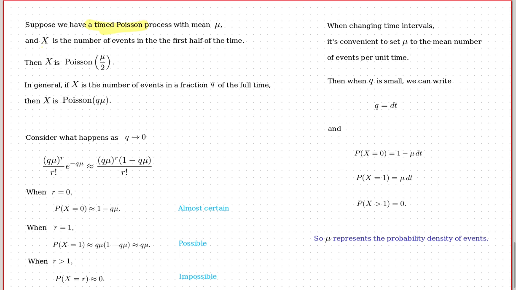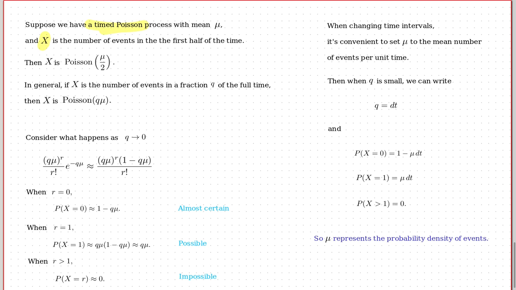So we'll let x be equal to the number of events that occur in just the first half of that time period. Well, we would expect in the first half of that time period that the average number of events would just be mu over 2. So if you expect mu events in the entire time period, then you'd expect mu over 2 events in the first half of the time period, and therefore you would expect that x would be a random variable whose distribution is Poisson with mean mu over 2.